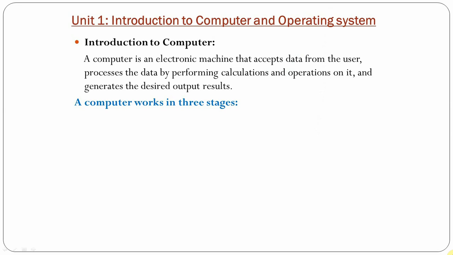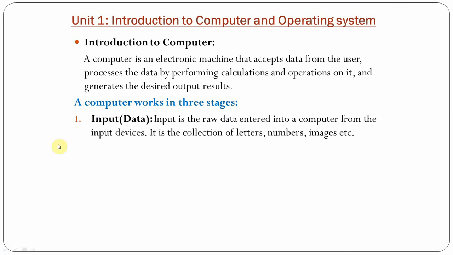Next, a computer works in 3 stages. We will see one by one. First stage is the input, in bracket data. So input is the raw data entered into a computer from the input devices.